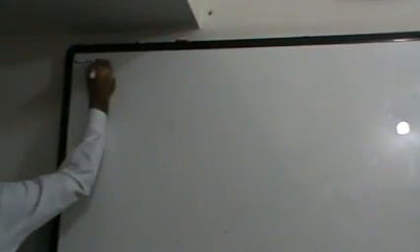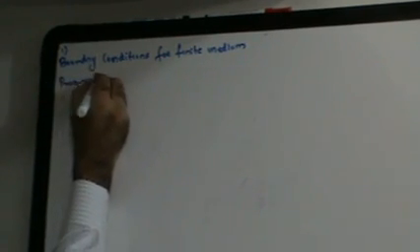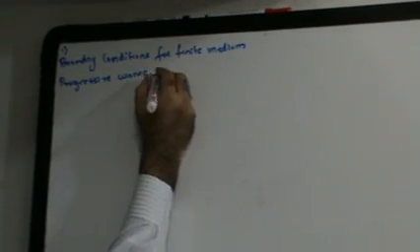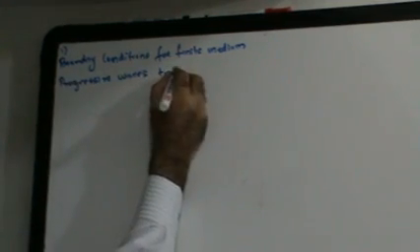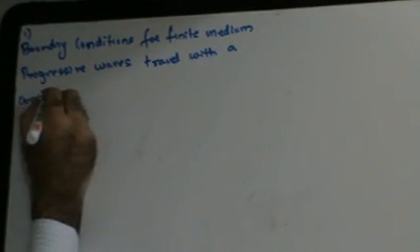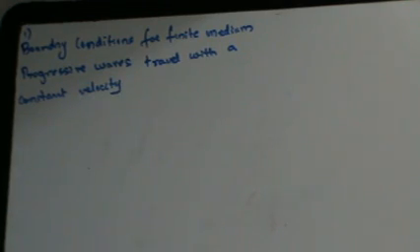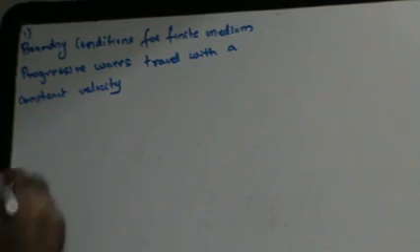What are the boundary conditions for a finite medium? I can say that progressive waves travel with a constant velocity in a given medium.